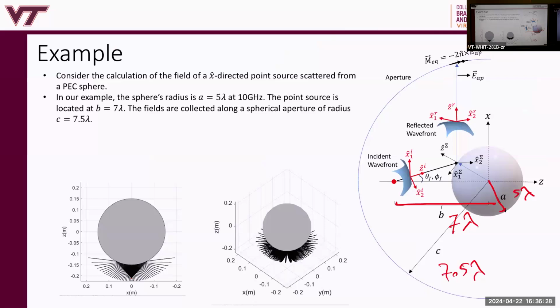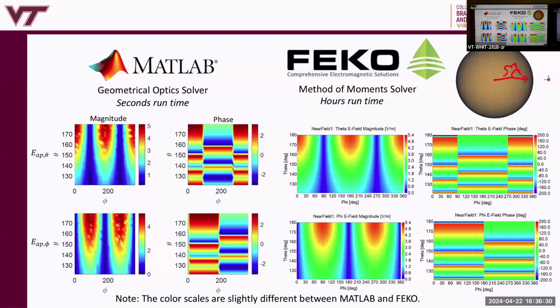All right. So this sphere, you can't see it, but if you were to zoom in closely here, it has got a ton of surface triangles on it. This thing is all tessellated with triangles because it's a 10 lambda sphere, right? The point source is right there. And you can import the exact same point source into FACO, illuminate the sphere, and calculate the scattered field from that sphere.